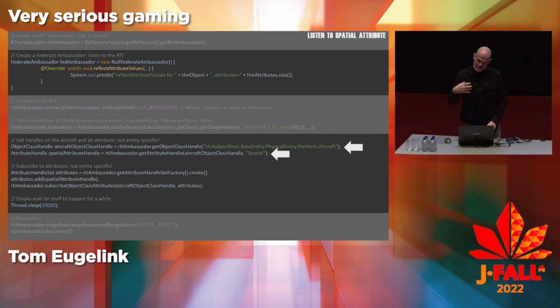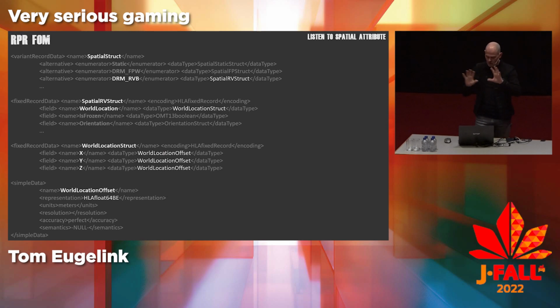But of course, you would like to see what's in the spatial information. Now, Ripper form also has all kinds of type definitions. Spatial is of type spatial struct, and it has, depending on some enumeration, a certain structure, which has a world location, and the world location is XYZ. And XYZ, in the end, is a 64-bit big endian float.